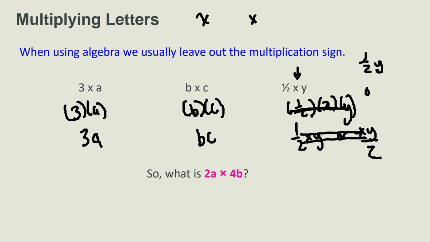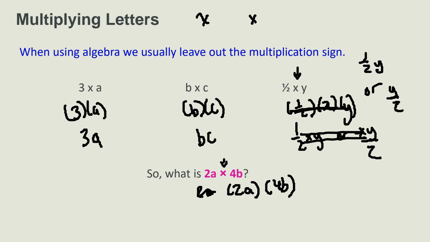Perfect example of why we don't use multiplication signs. So here we have 2A times 4B. In this part we used a multiplication sign, but again, we're going to stop using those and get used to using brackets.